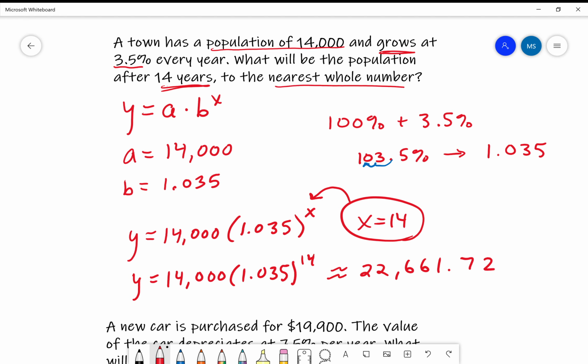But they said round to the nearest whole number. These are people. It would be a little weird to have 0.72 of a person. Are we going to round that 1 up? Yep, the 7 is big enough to round it up, so we get a population of 22,662.